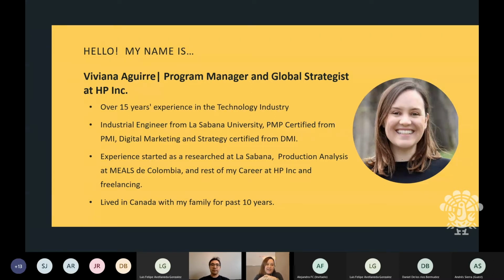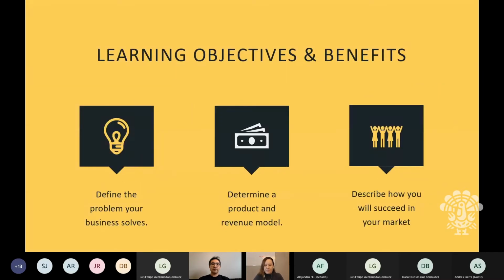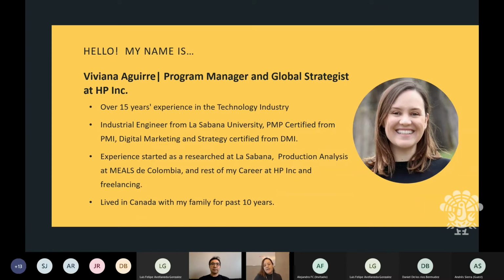I was there for a year, and then I figured out industrial engineering wasn't for me, even though I was at the end of my career. I moved into a finance type of role, and then started my career at HP, where I've been for most of my working life, moving through different types of roles.